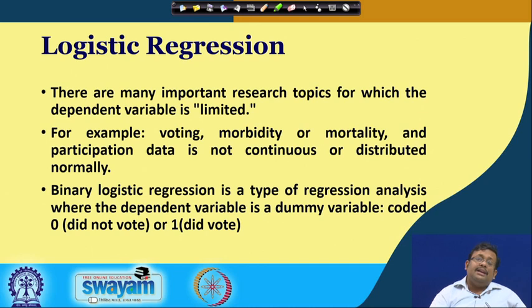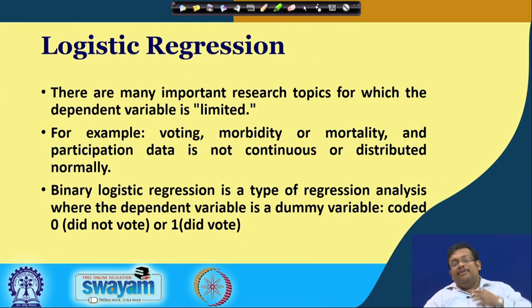So, the first important categorical model we will talk about is logistic regression. Remember that there are many important research topics for which the dependent variable is limited. For example, voting, morbidity or mortality and participation data is not continuous or normally distributed. So, binary logistic regression is a type of regression analysis where the dependent variable is a dummy variable coded 0 or 1.